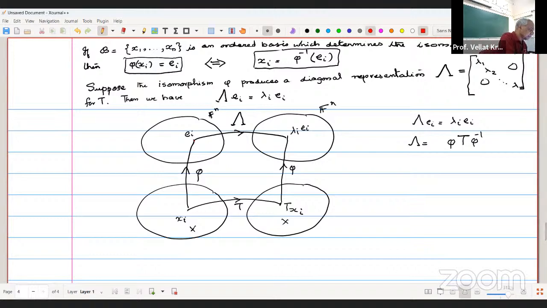Interesting. Let's apply phi inverse T. So what do we have? I have lambda ei equal to phi T phi inverse ei, which is equal to lambda i ei.